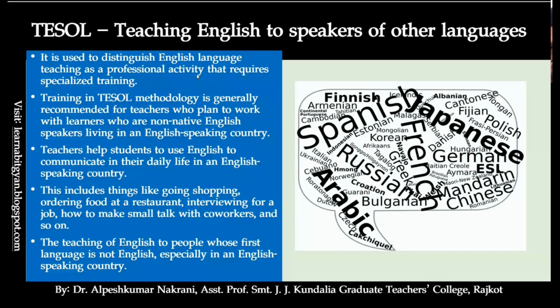So now you got the idea. It is the same concept, but the words are different. Teaching English to speakers of other languages. Concentrate on the words other languages, right?